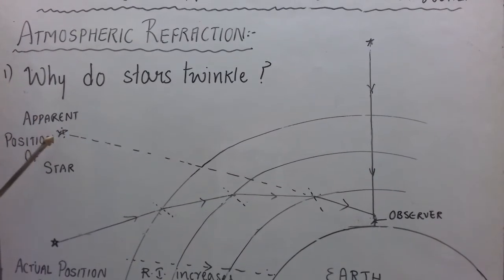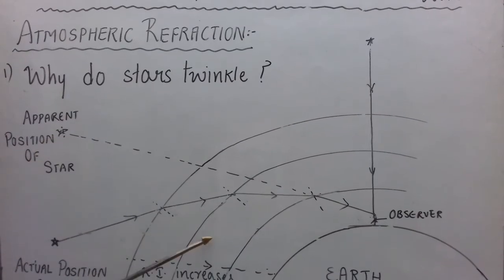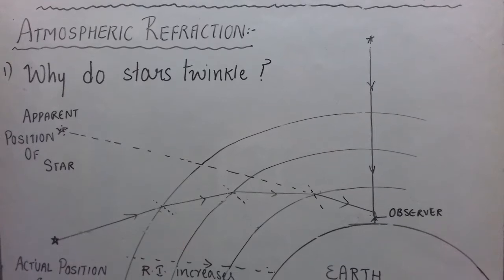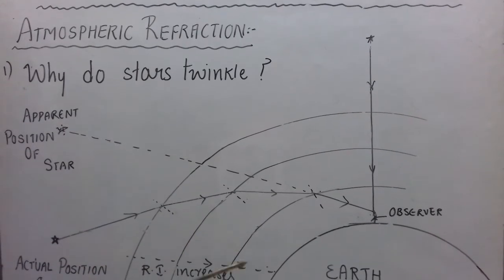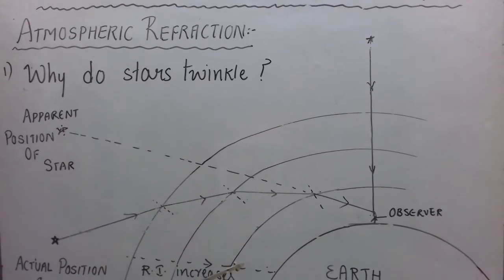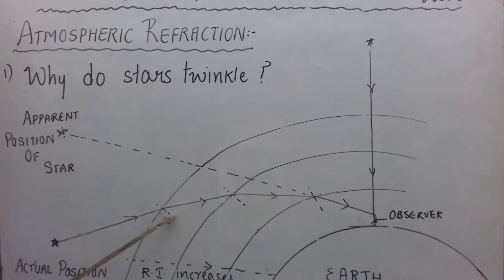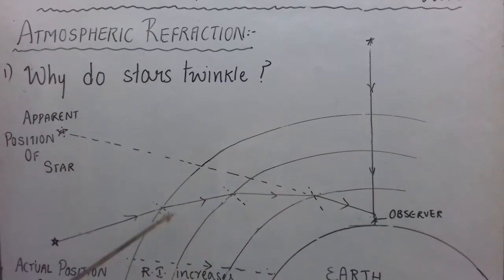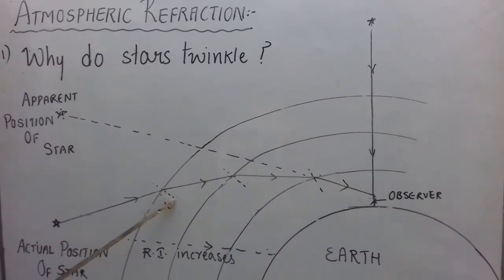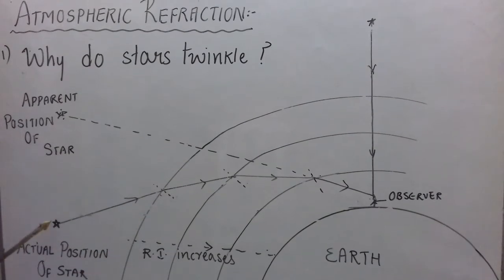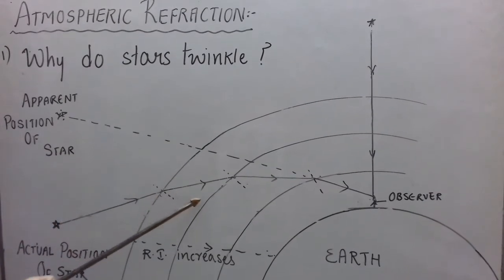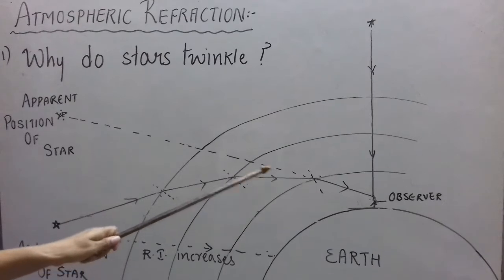But remember one thing more students, that these different layers, they are not having fixed physical conditions. Yes, their physical conditions are different, their densities are different, but still these physical conditions of each layer are also not fixed. Like temperature and pressure of each layer, it is varying continuously. There are variations, fluctuations. It means when this light enters into the atmosphere, the bending is not fixed.